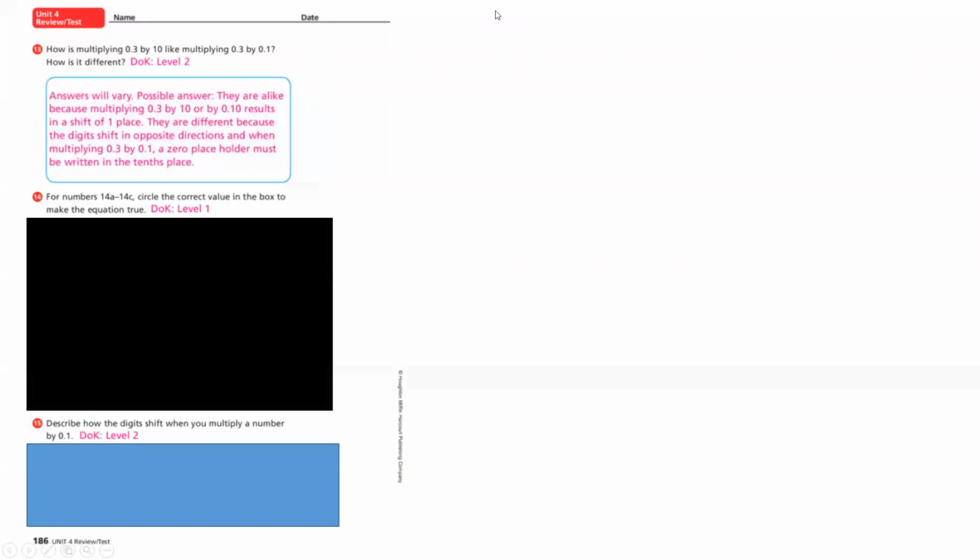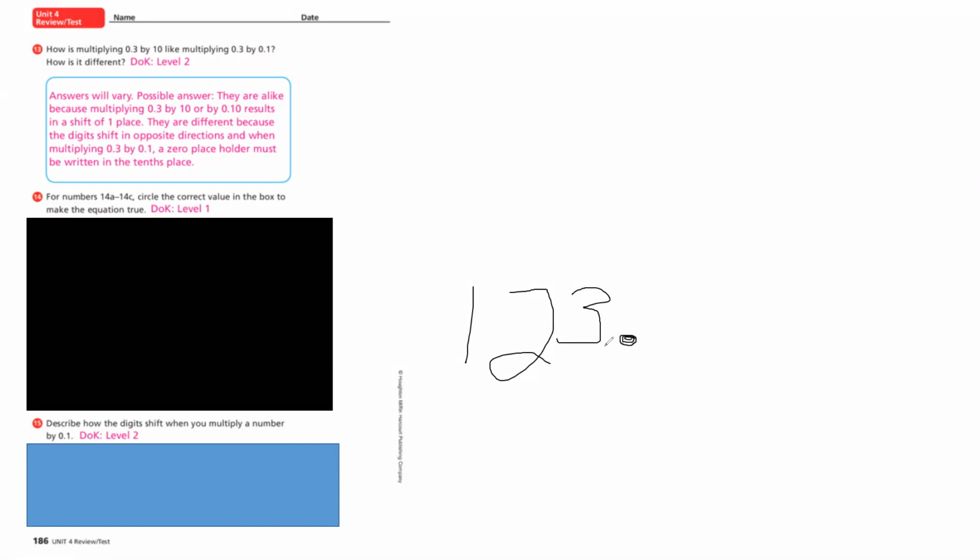On the bottom, it says, describe how the digits shift when you multiply a number by 1/10. We kind of just did. The only difference is I don't look at the digit shifting. Getting multiplied by 1/10 brings the decimal in one spot.